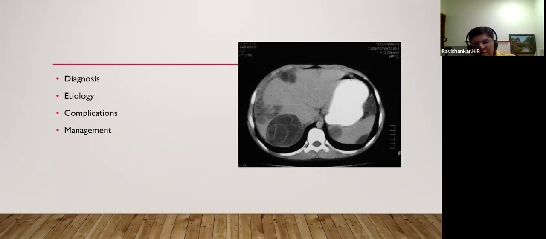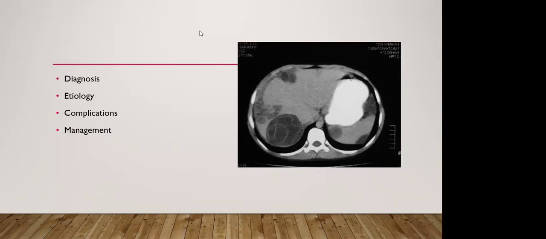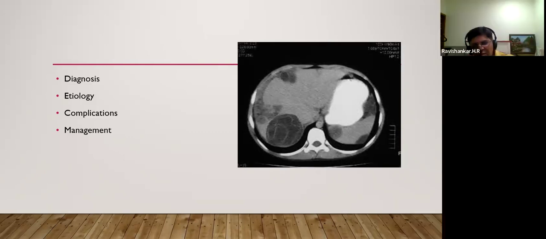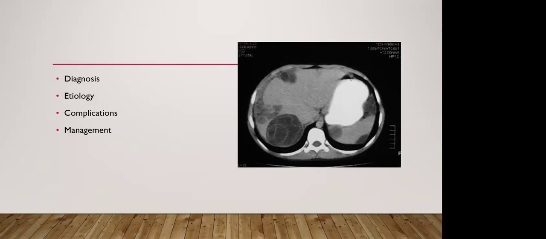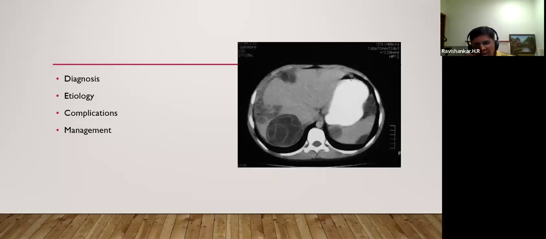What is the first thing that can happen if it ruptures? Direct rupture can cause anaphylactic shock, sir. Anaphylaxis, yes. Then what else? It can be a communicating rupture, sir. The cyst can rupture into the biliary system, sir. Correct. It can cause obstructive jaundice, cholangitis.